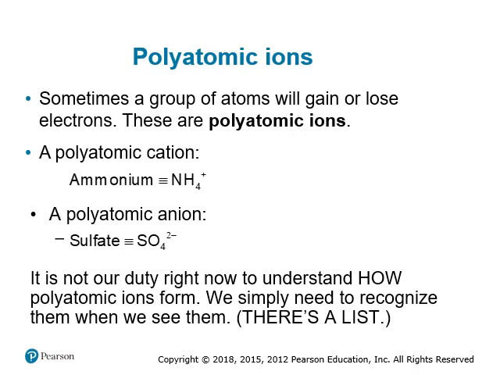That means that a cluster of atoms, including 1 nitrogen and 4 hydrogens, have combined and lost an electron. An example of a polyatomic anion is the sulfate anion, in which we see 1 atom of sulfur and 4 atoms of oxygen combining and gaining 2 electrons. Now, right now, it's not your concern to understand how that happens. All you need to know is that it does happen, and be able to recognize it when you see it.